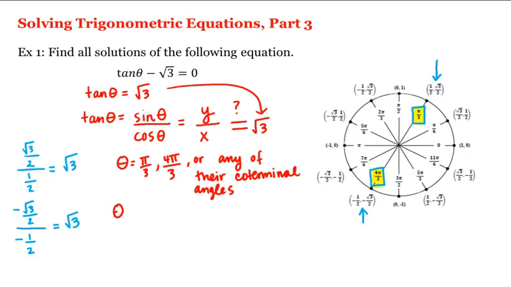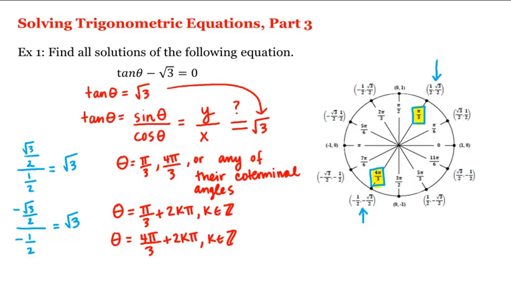Which, remember, we can write as theta is equal to pi over 3 plus 2k pi, where k is an integer, or theta is equal to 4 pi over 3 plus 2k pi, where k is an integer.